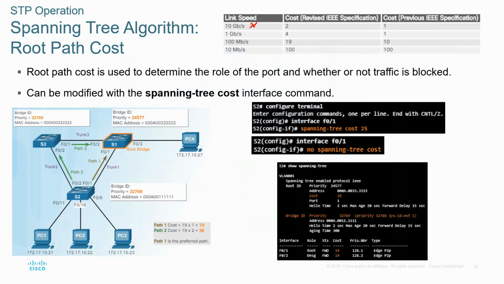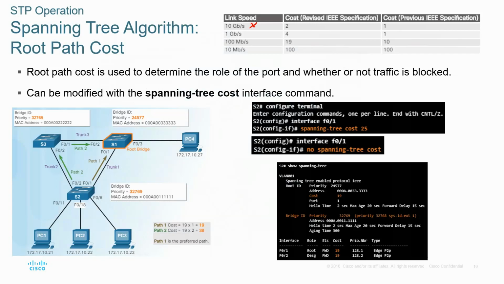Okay? So if you see the figure on the left, let's try and find the cost of path 1, which is basically the path from S2 to S1. If this is a link that has 100 megabits per second, the cost of sending over this link will be 19, according to the table. On the other hand, path 2 has two links, from S2 to S3 and then from S3 to S1.